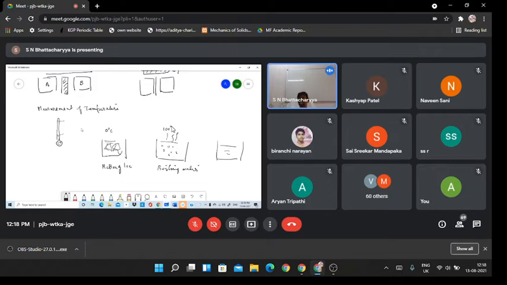So that was taken as a definition of temperature. Later, the definition was changed, but originally that was the definition of temperature.